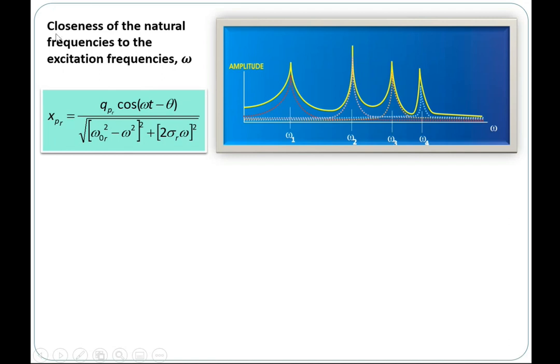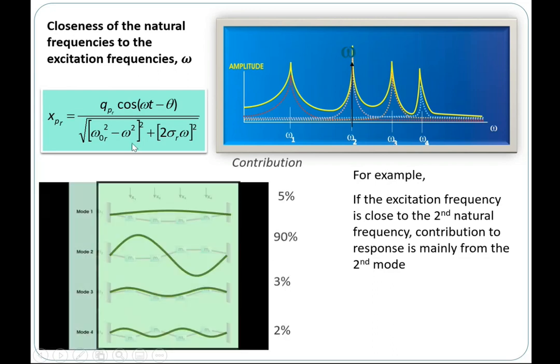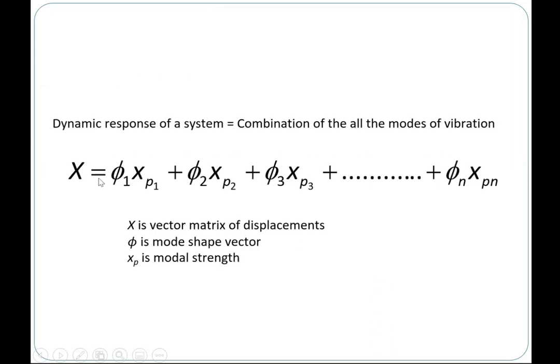So here is how we see it. If your excitation frequency omega is very close to your omega 2 in this case, we can say that it is a resonant condition, right? Just now we said that x is your vibration contributed by all the modes.